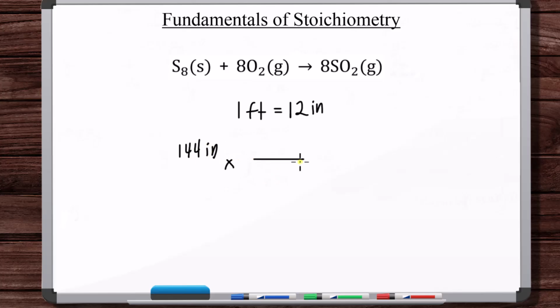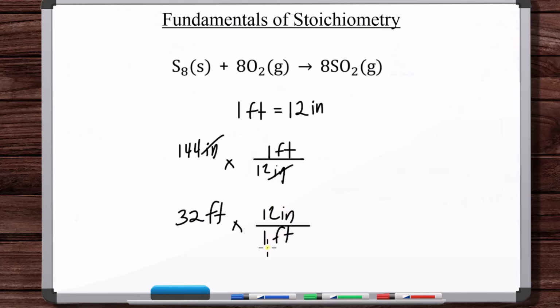Well, you convert. You say, okay, there's 12 inches in 1 foot. Now you're in feet. 144 divided by 12 feet. But you can go the other direction. You could say, if I've got 32 feet, how many inches is this? Then you say, okay, there's 12 inches in 1 foot. The feet cancel. 32 times 12 inches.